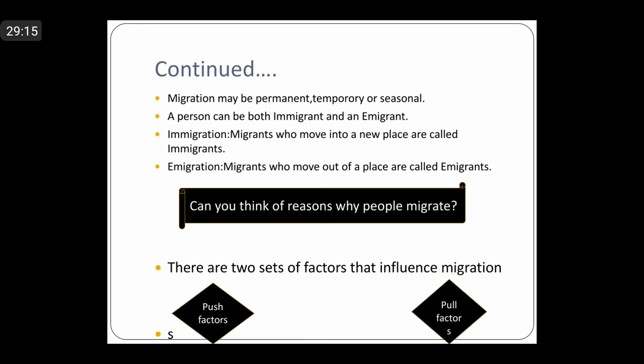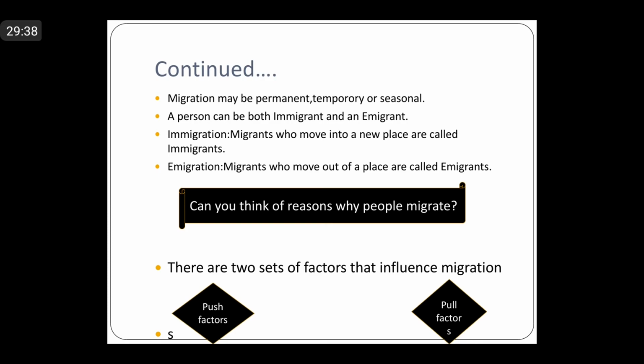Let me continue the migration topic. Migration may be permanent, temporary, or seasonal, as I have just discussed with you. A person can be both an immigrant and an emigrant. How?